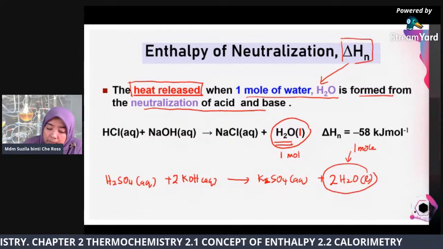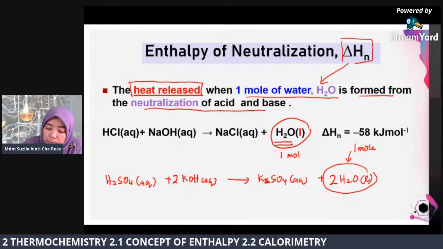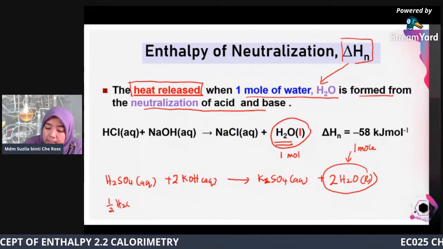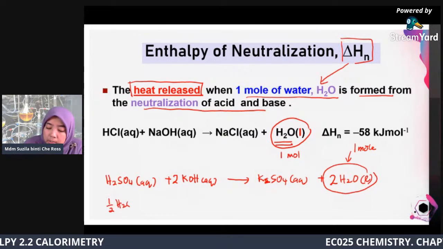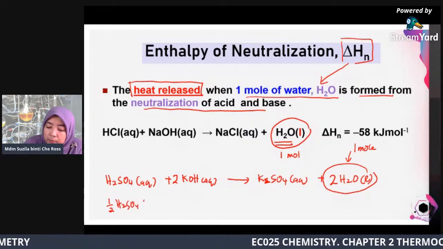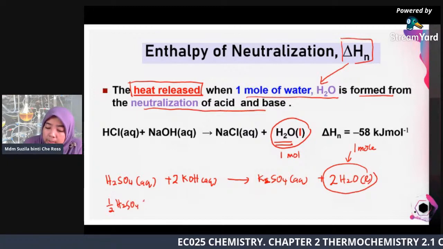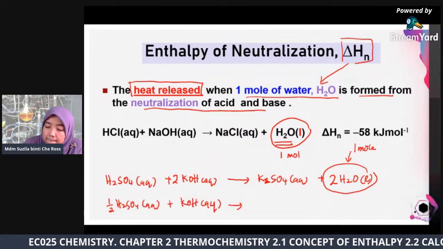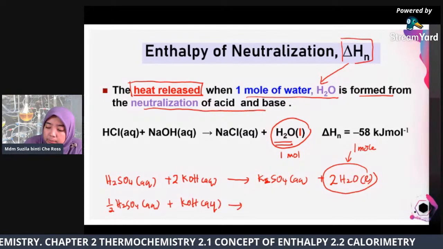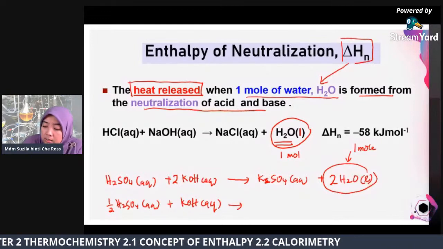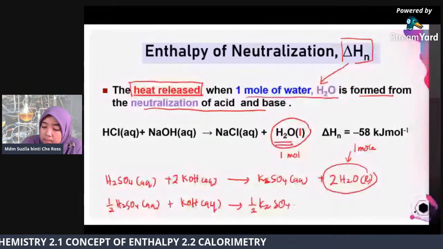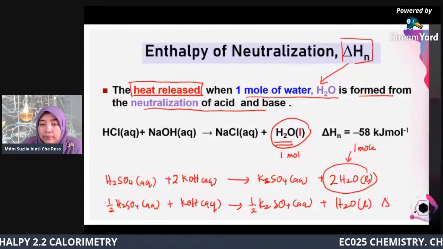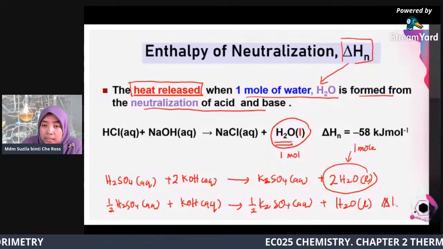So we will get 1/2 H2SO4 plus KOH to form 1/2 K2SO4 plus H2O liquid. So this is the equation for delta Hn. Okay, delta Hn.